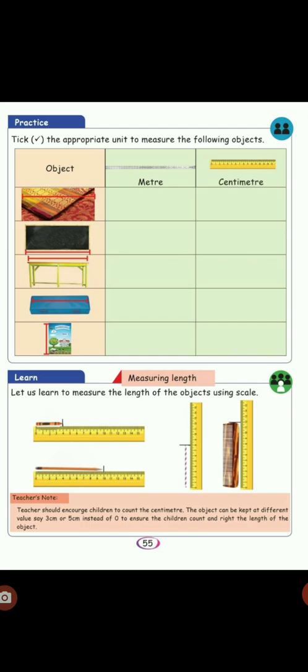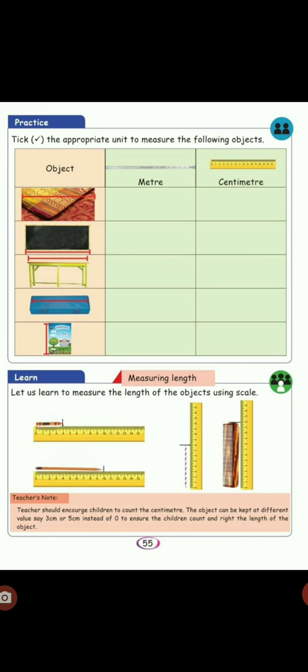Okay, next, now we will find the length of the straw. We place the straw at the 0 place and measure how many centimeters it covers. 8 centimeters. The length of the straw is 8 centimeters.